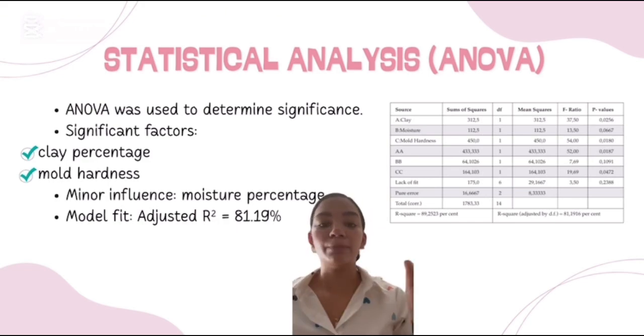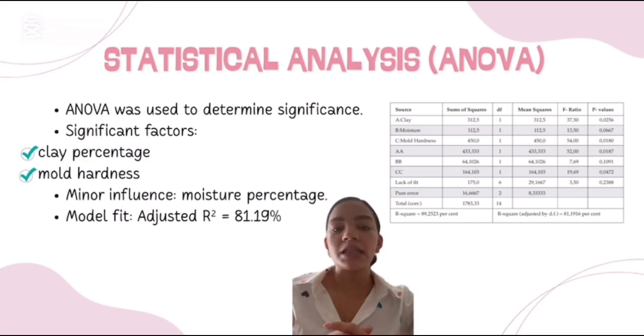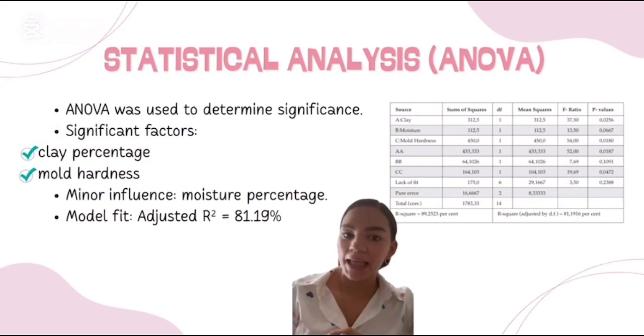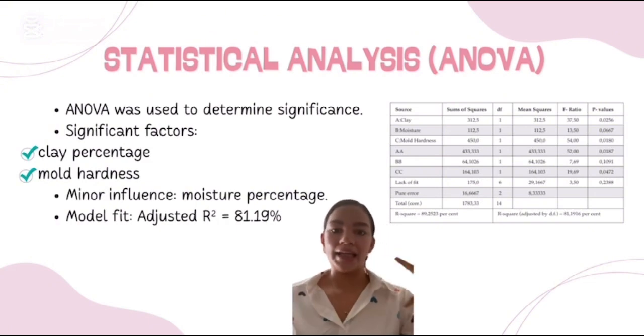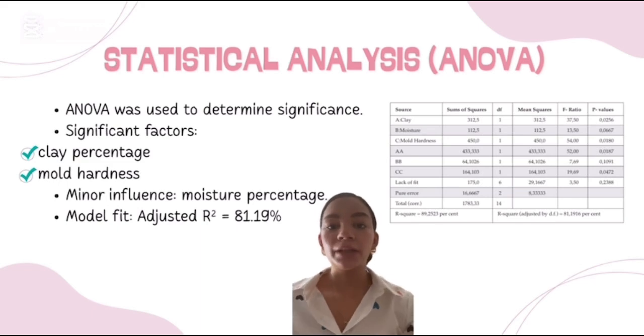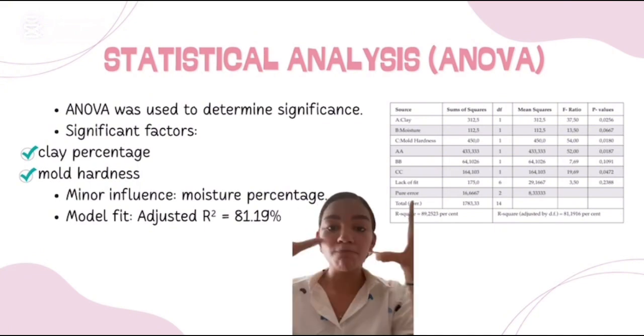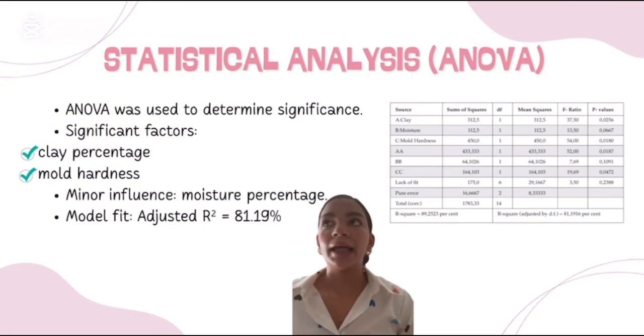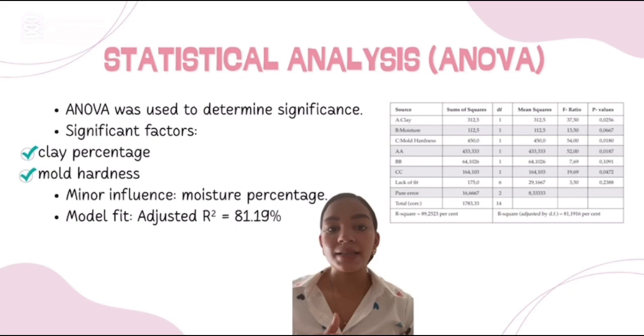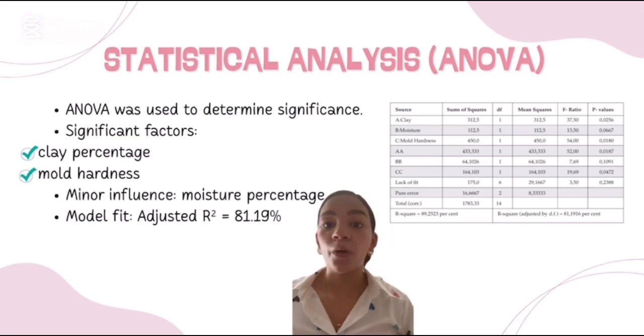Using the data obtained from the experimental runs, a second order polynomial model was fitted, including quadratic interaction terms for clay, moisture, and mold hardness. So this model provides an equation capable of estimating the defect percent based on any combination of the three factors within the study range.